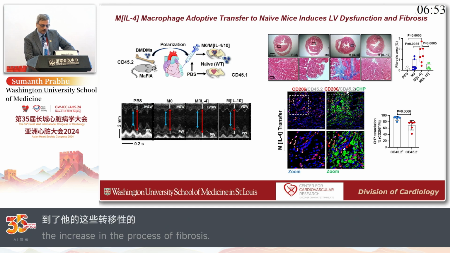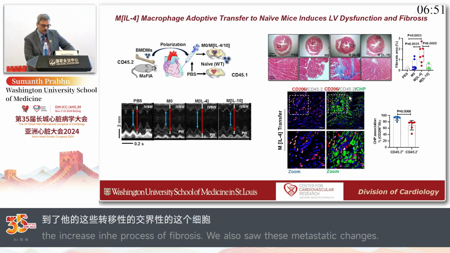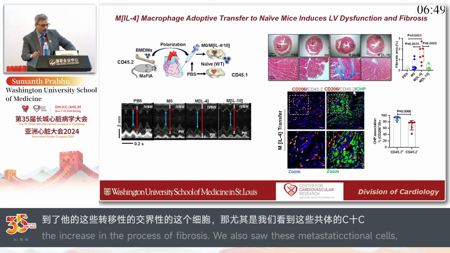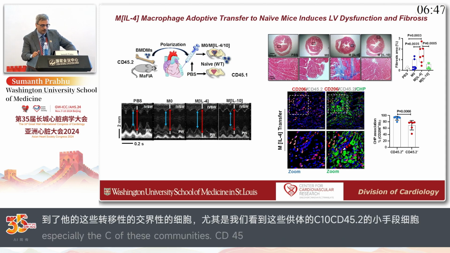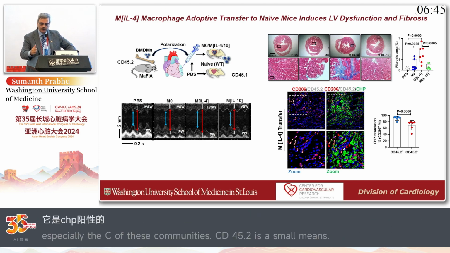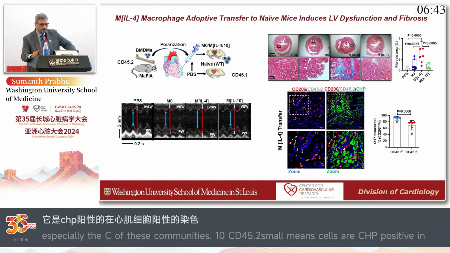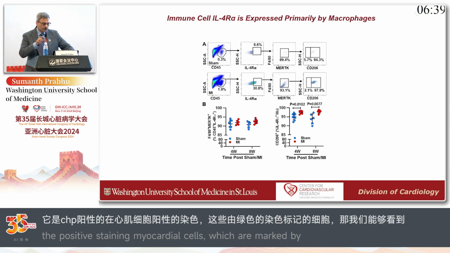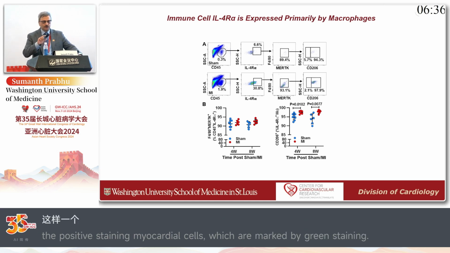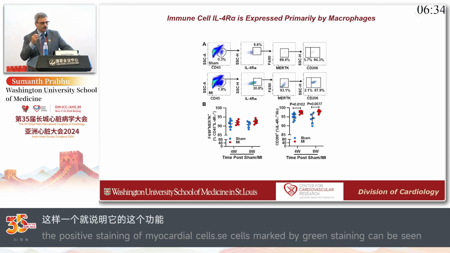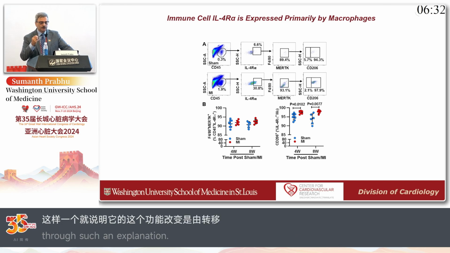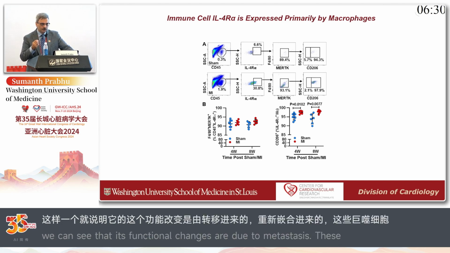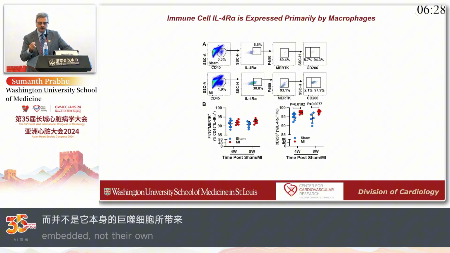These are donor cells. These donor cells, again, were associated with CHP positive locations in the myocardium, suggesting that there was active fibrotic responses being driven by the adoptively transferred macrophages. So if we step back, that indicated to us that IL-4 signaling in CD206 macrophages is sufficient to induce the pathology of LV remodeling.